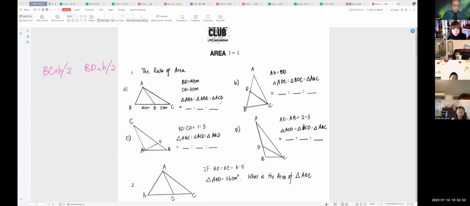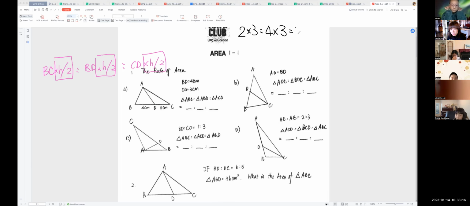And ACD equals CD times height divided by 2. Everybody will find that all of them have times height divided by 2. Am I right? So if it is 2 times 3 to 4 times 3 to 5 times 3, do we need the 3? No, so we can just cross them out.